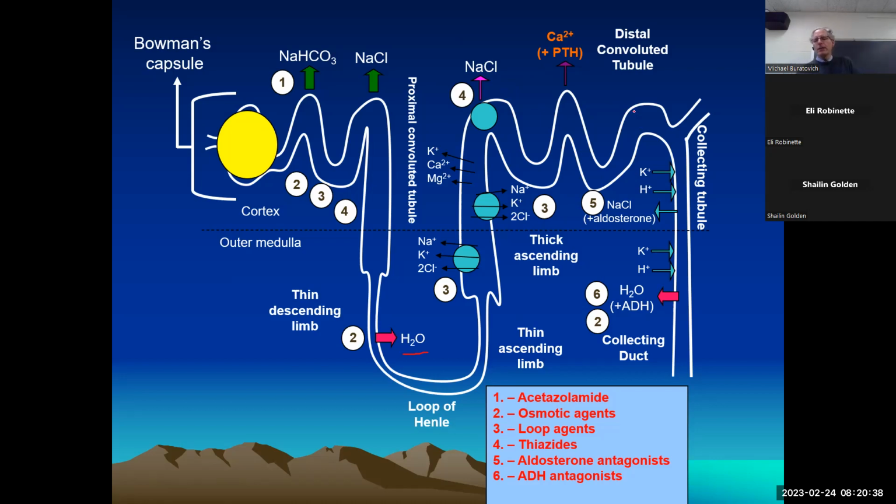And in the late distal convoluted tubule and in the collecting tubule, the filtrate then goes to the collecting tubule, where it will then empty into the renal pelvis, which then empties into the ureter, which empties into the bladder.